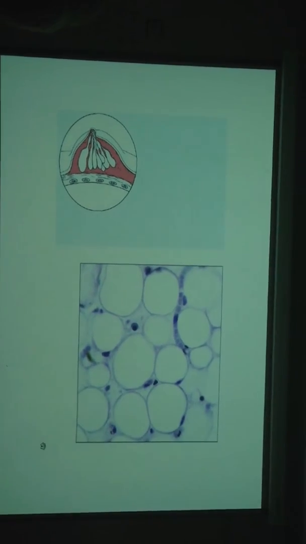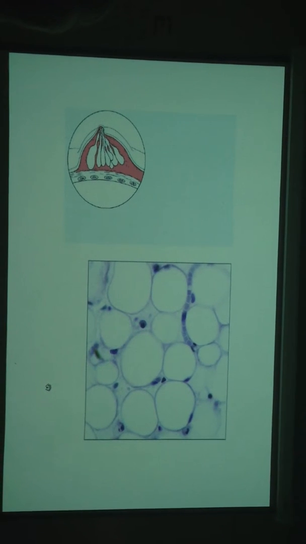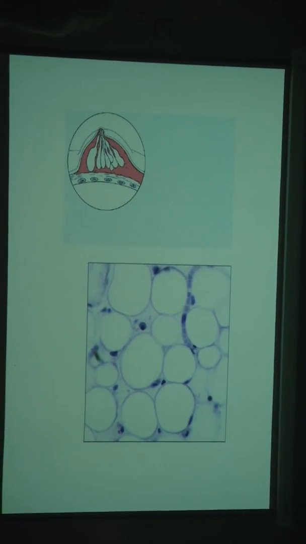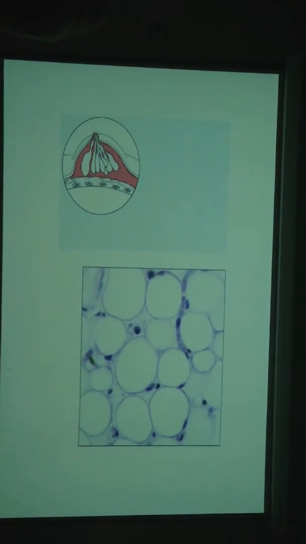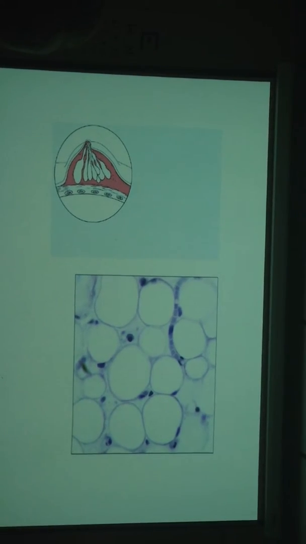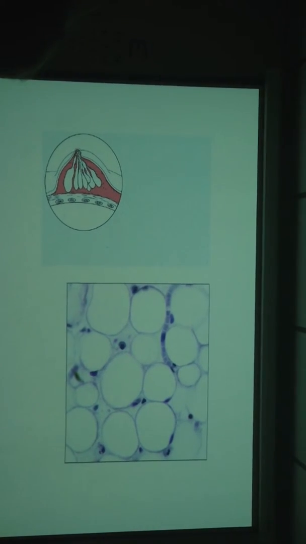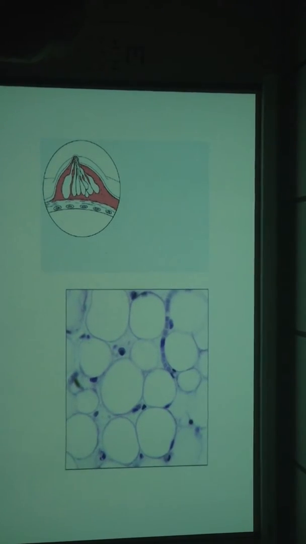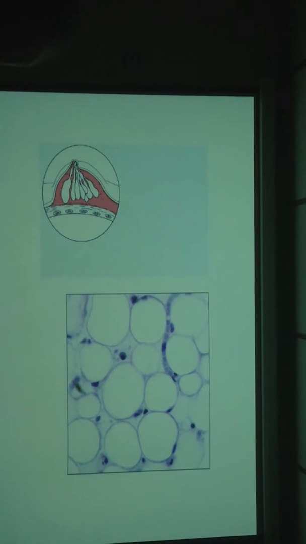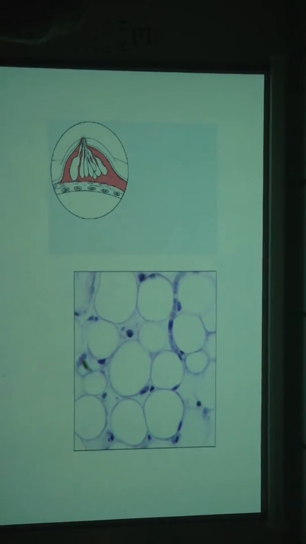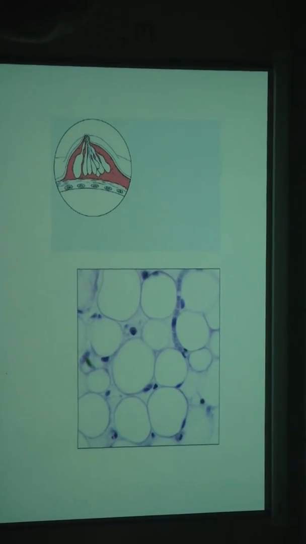Type? Adipose. So the cell's adipocyte, the tissue, adipose. Class? Connective tissue proper. Loose or dense? Loose. Unilocular or multilocular adipocytes?